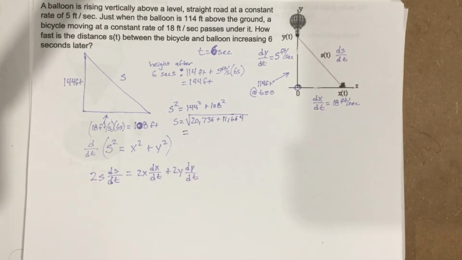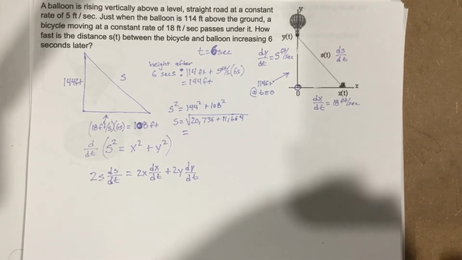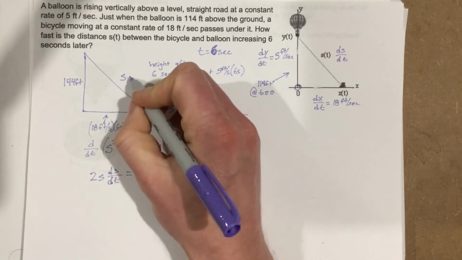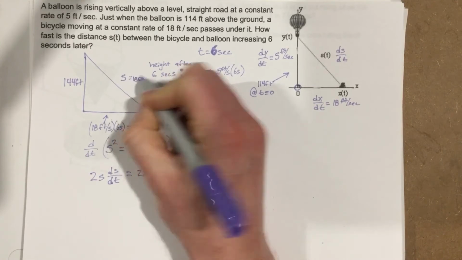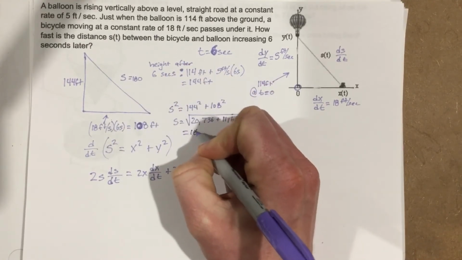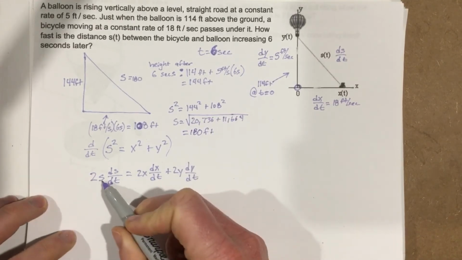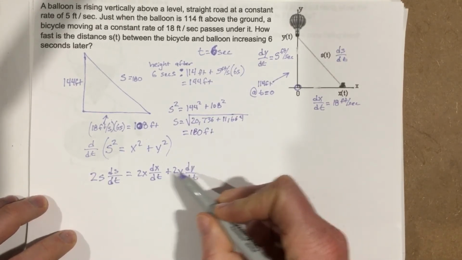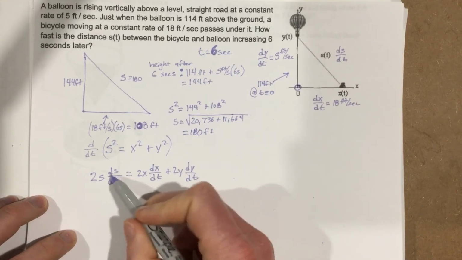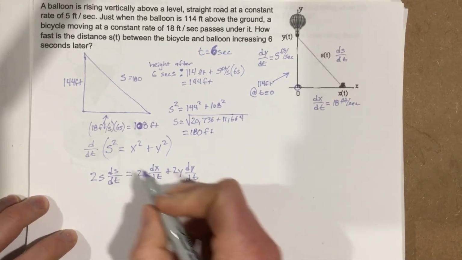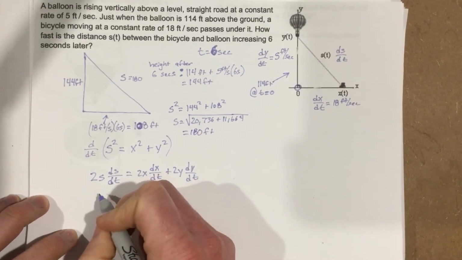Let's add those together, so plus 20,736. And now let's square root it. So when we square root that, we get 180. So this is 180 feet. We have everything we need. We have s, x, y, dy dt, dx dt. All we need to find is ds over dt. Before I start, I'll divide the 2s across, and then let's plug it all in.